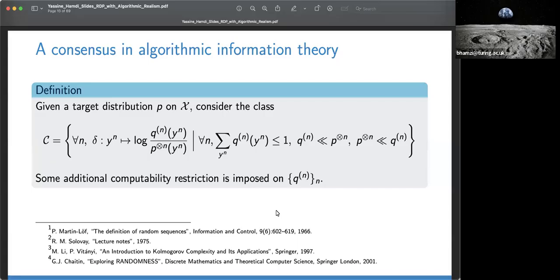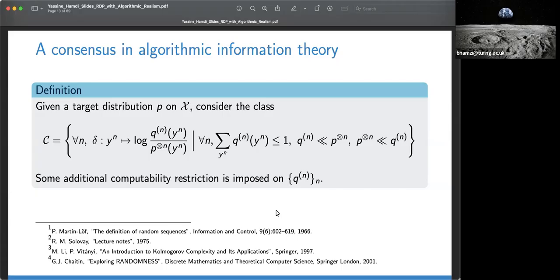Precisely, you have a set of scoring functions that take a sequence Y^n and give a score, which is a real number, a log-likelihood ratio, where in the denominator you have the target distribution, the i.i.d. source distribution, and in the numerator you have some measure.